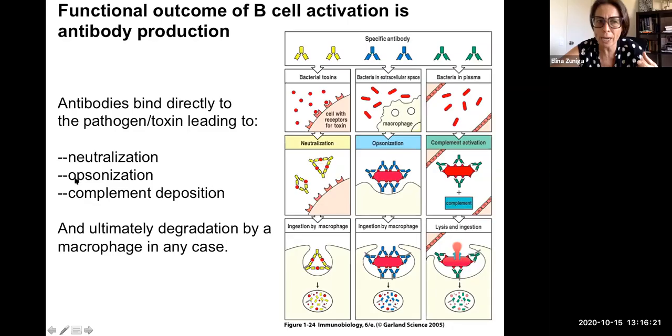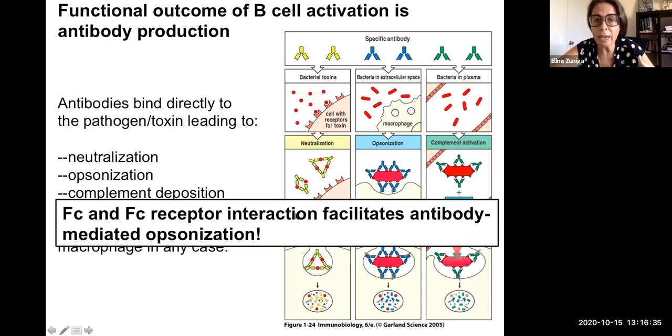And the macrophages, for example, will have FC receptors that will allow internalization of a bacteria via opsonization. So FC and FC receptor interactions facilitate antibody-mediated opsonization.